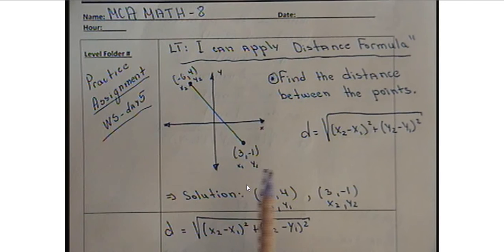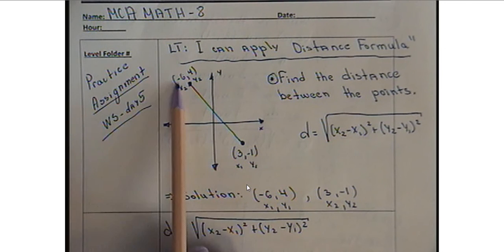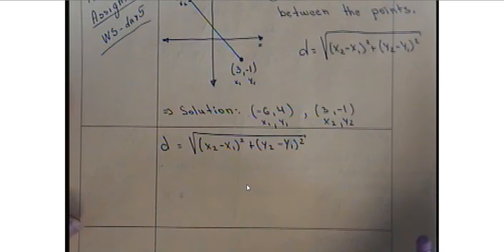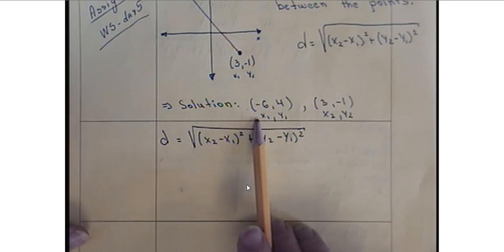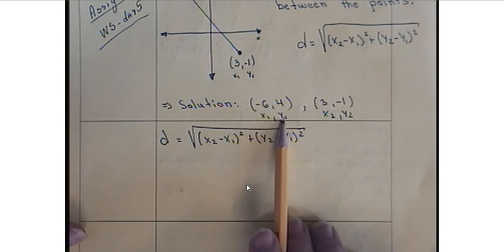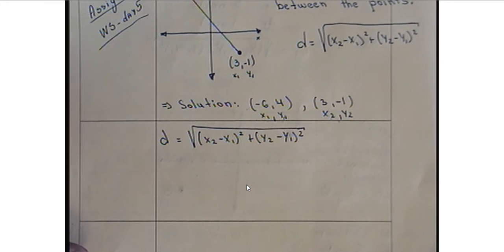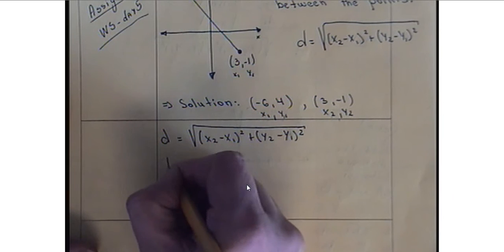And I wrote that the solution will be, we have one point with coordinates -6 and 4 and another point with coordinates 3 and -1. We know that the coordinates of the point stand for x1, y1, this is point 1, and point 2 has x2, y2 coordinates. Well, let's go ahead and substitute those numbers.